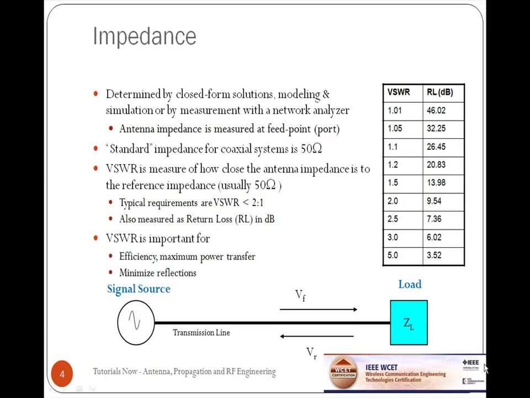The standard impedance for a coaxial system is 50 ohms, and VSWR, which stands for voltage standing wave ratio, is a measure of how close the antenna impedance is to the reference impedance, usually defined as 50 ohms. VSWR requirements are typically less than 2 to 1. It's also measured as return loss in dB, as shown on the table on the right.